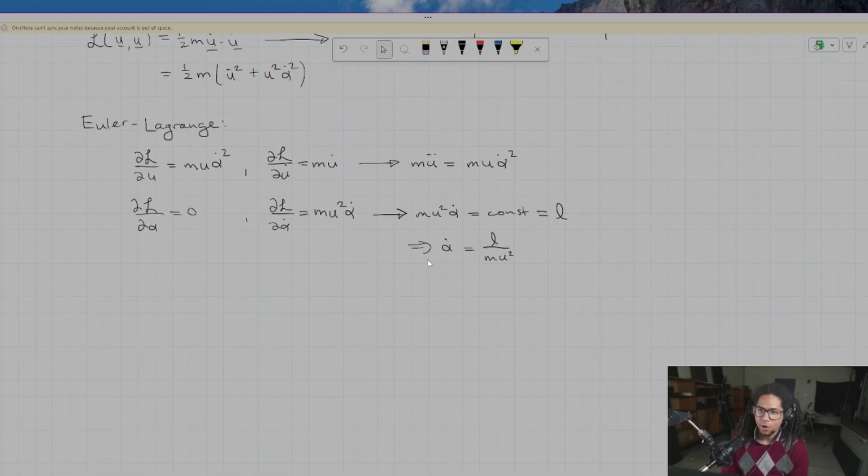Okay, now what I'm going to do is take this equation and loop it into here. So what I get in the end is m u double dot is equal to m l squared over m squared u to the fourth.